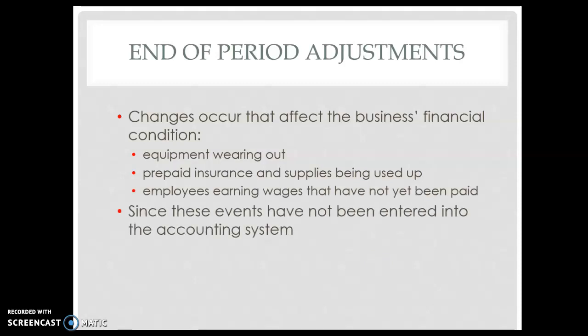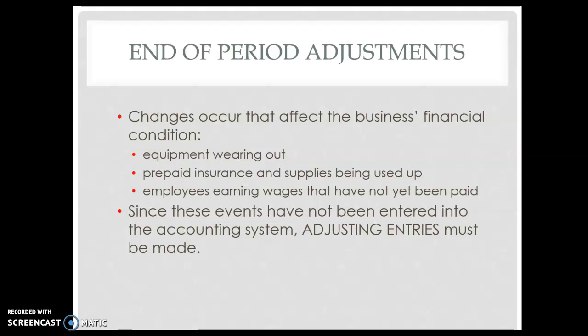And we are not entering these into the accounting system. These things are making changes, and they affect the business's financial condition, and so therefore we have to analyze and record and classify or post these things into the books.